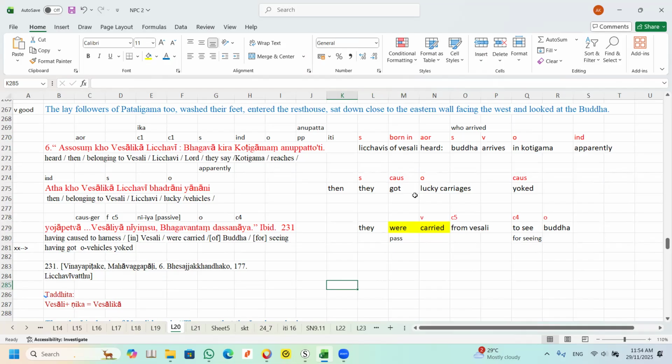But within the inverted commas, when the Buddha arrives, they go to see the Buddha. Because they heard, they mentioned that the Buddha arrives, and they do this to see the Buddha.